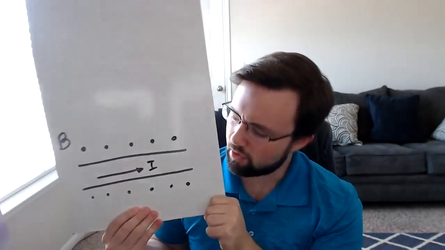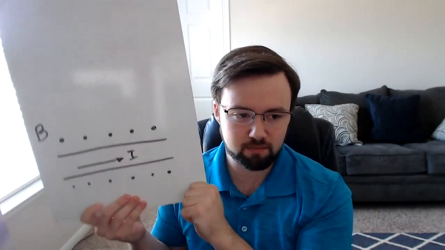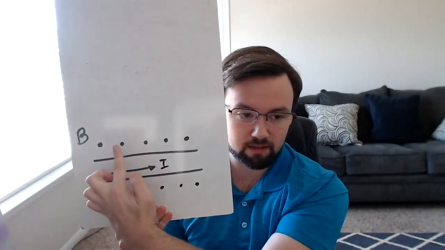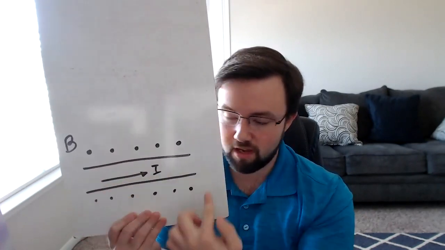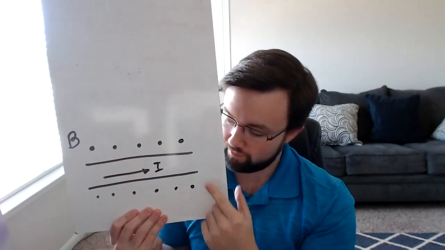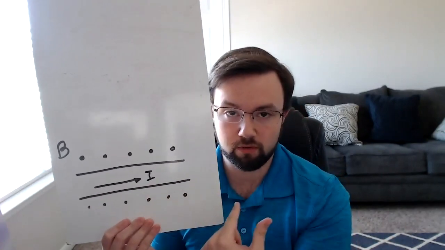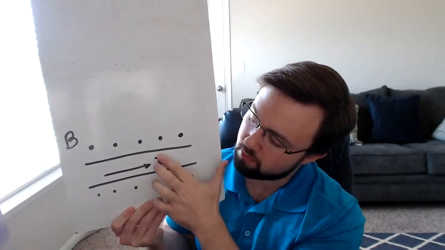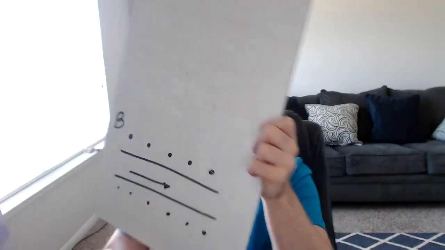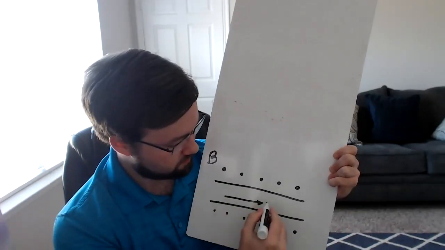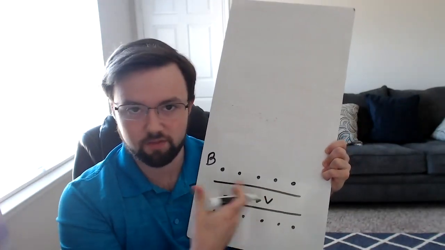You guys have learned earlier in the unit that B is the symbol for the magnetic field. So B means magnetic field. And it's telling you that all these dots represent the magnetic field. I, hopefully you remember, is current. So this is your current flowing through the wire. Sometimes you'll see problems represent this with a V, telling you that that's the velocity of the charges moving.